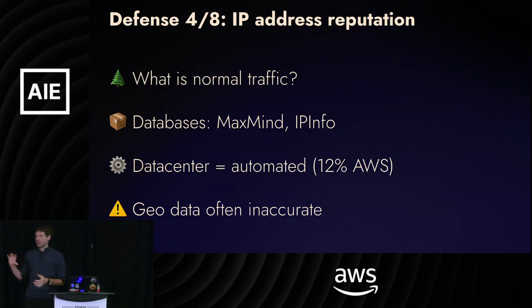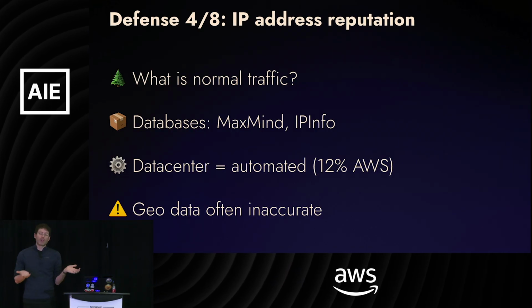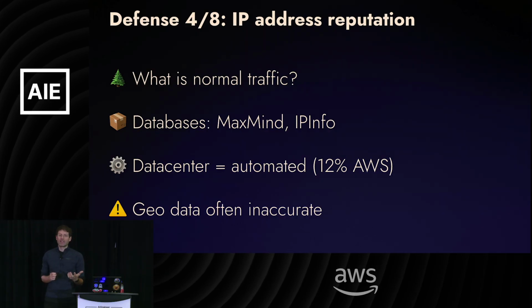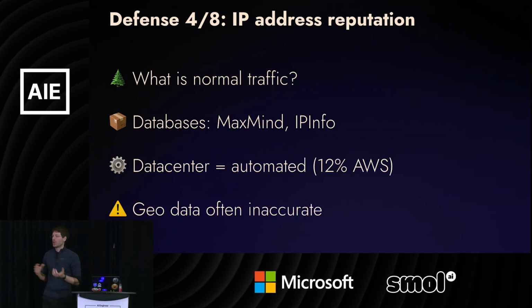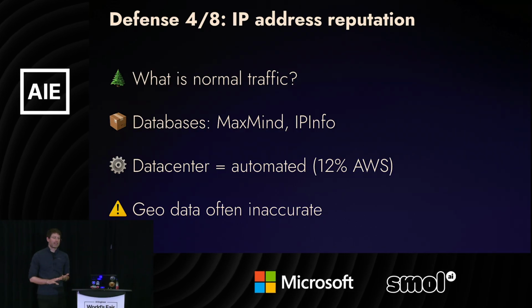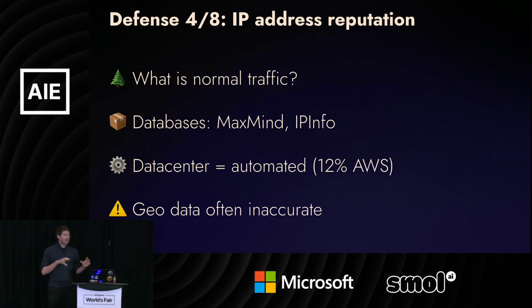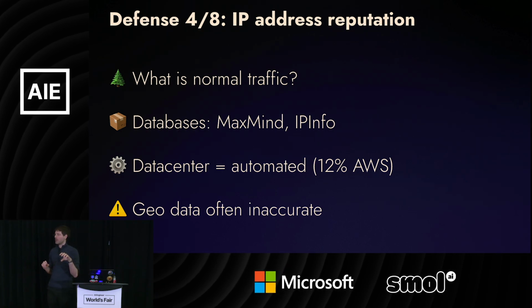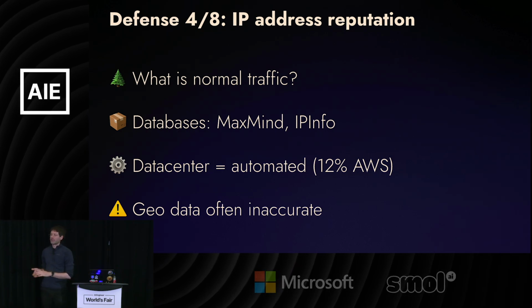The challenge with looking at geodata, like blocking a single country, for instance, is that the geodata is notoriously inaccurate and has become more inaccurate over time as people are using satellite and cell phone connectivity, 5G, because the IP address will be geolocated to the owner of the IP rather than necessarily the user of it.